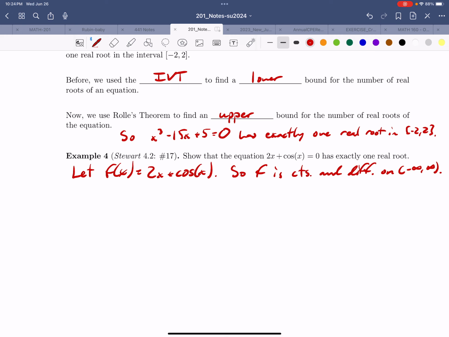This will be a little bit easier than the proof last time. Actually, I should say, first off, because they said exactly, we have to show two things, right? We have to show that it has at least one real root, and then it has at most one real root. Okay? So we'll say show f has at least one real root.